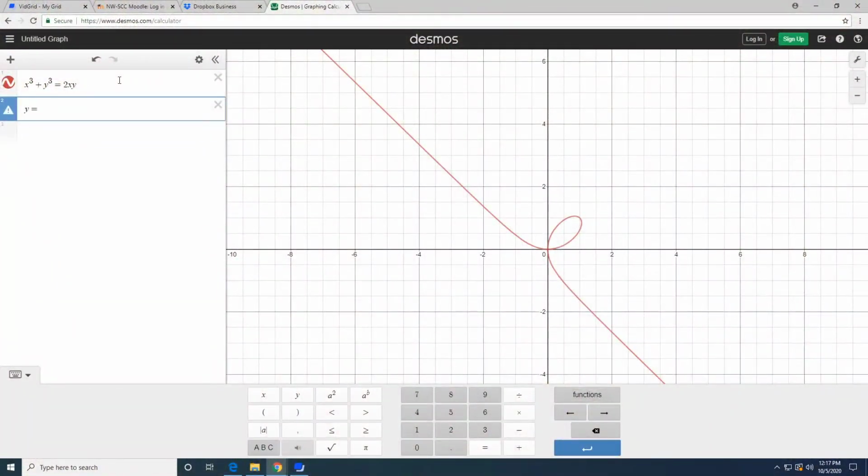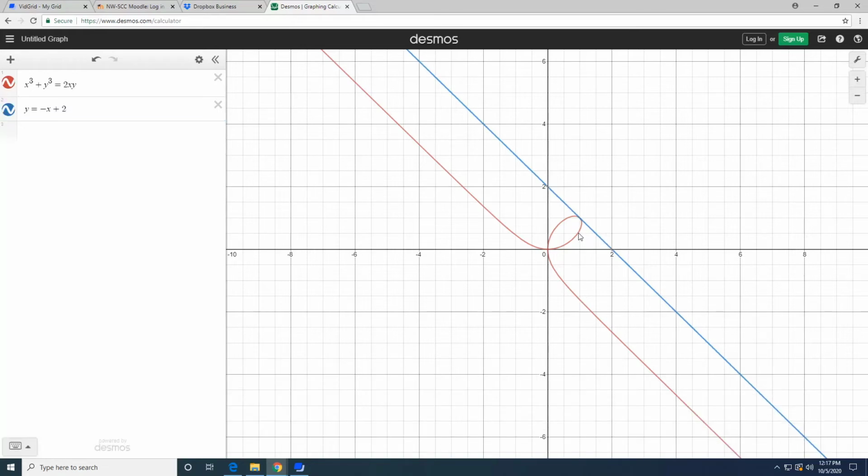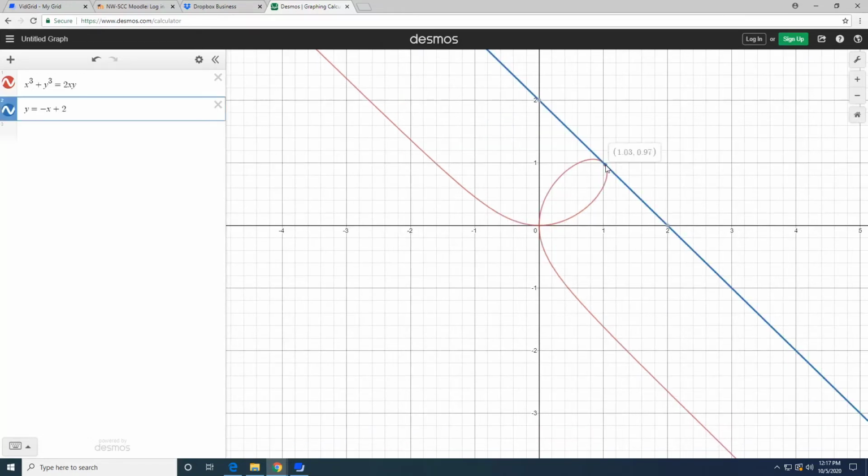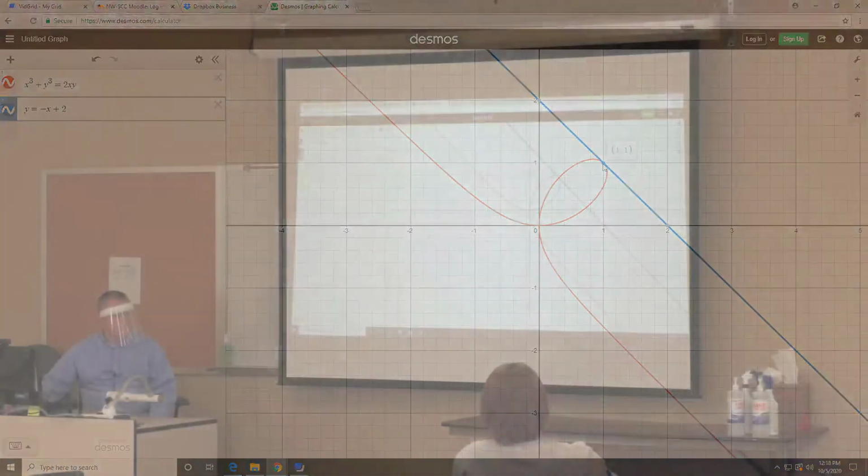I graph that, y equals negative x plus 2. Notice, there you go. All right, that looks like we did good. So it should be tangent. Well, it's not showing it right there at 1, 1. It should be tangent. Okay?